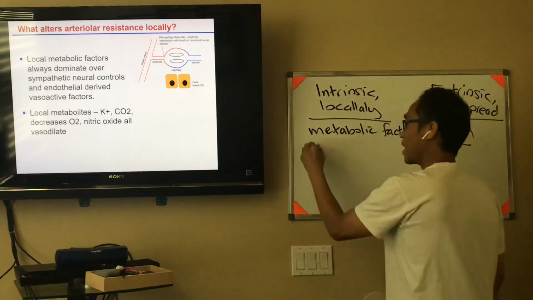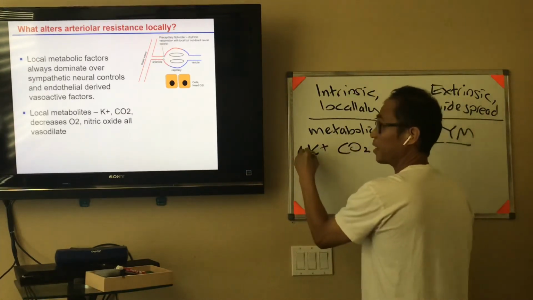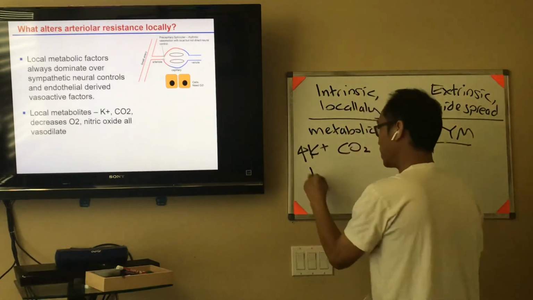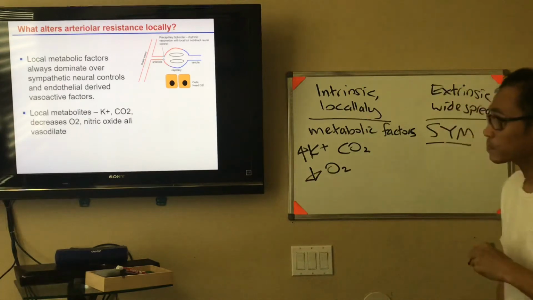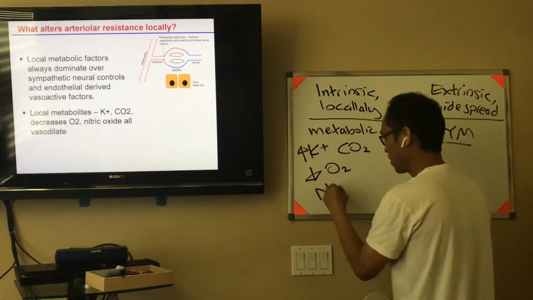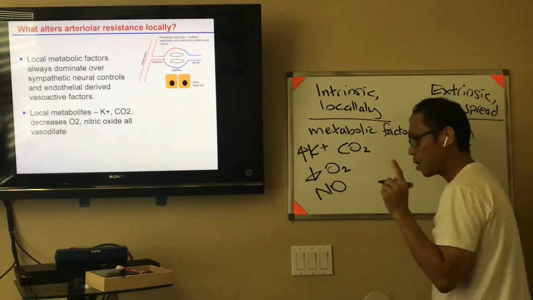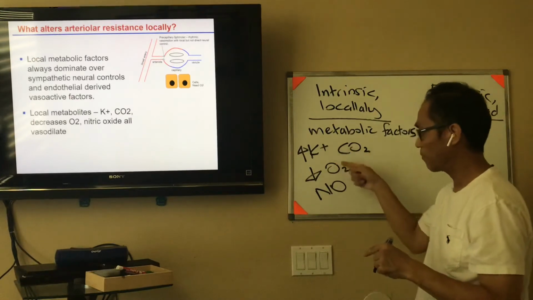Things like potassium, CO2. If these things elevate, or if you get a decrease in O2, or if you get nitric oxide, this is the one endothelial-derived factor I want you to know. These don't necessarily come from the endothelium.